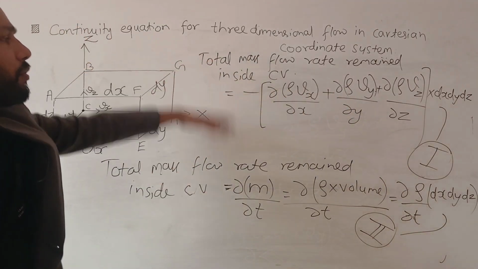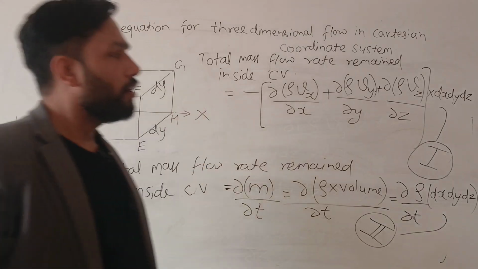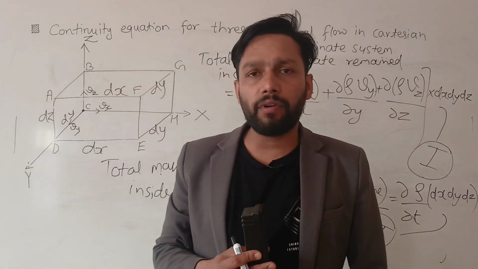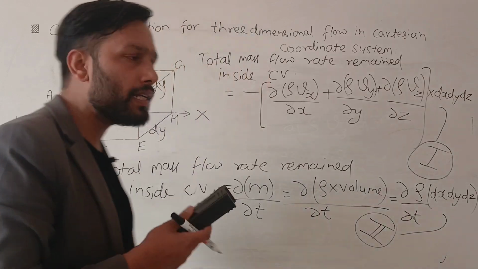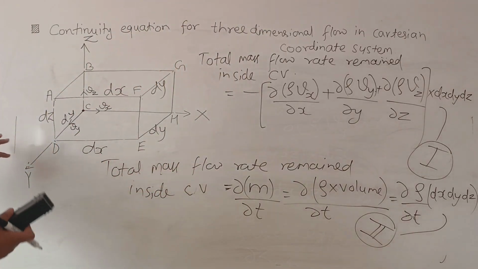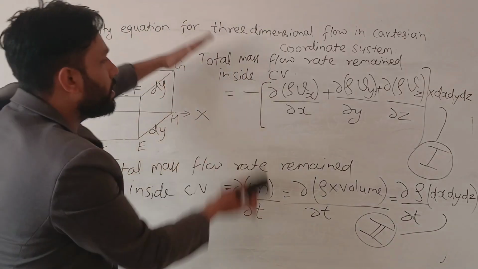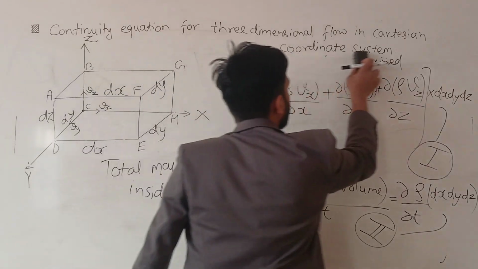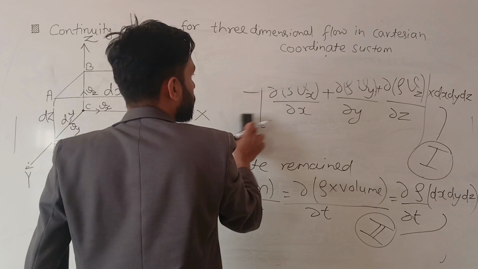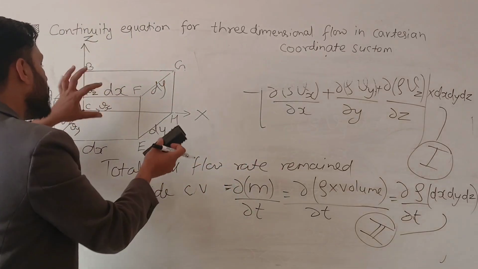We can equate these both parameters here, which are both the total mass flow rate remained while passing through the rectangular prism. All right. So now I'm going to equate these two equations here, and I'm going to erase this one also.